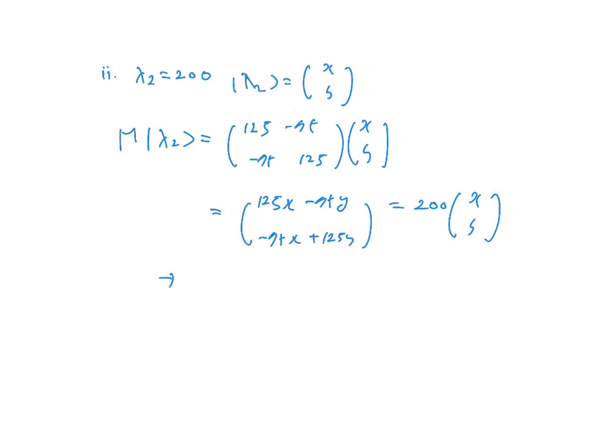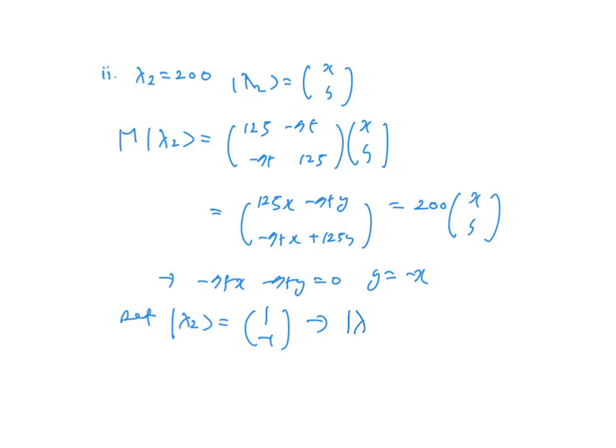So minus 75x minus 75y is equal to 0. That means y is minus x. So we can set lambda 2 as (1, minus 1). Then we can easily normalize. So the normalized eigenvector for lambda 2 is 1 over square root of 2 times (1, minus 1).